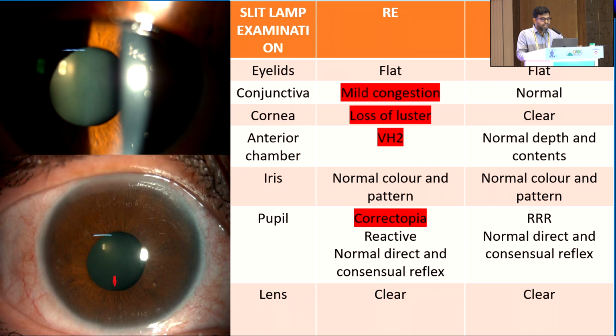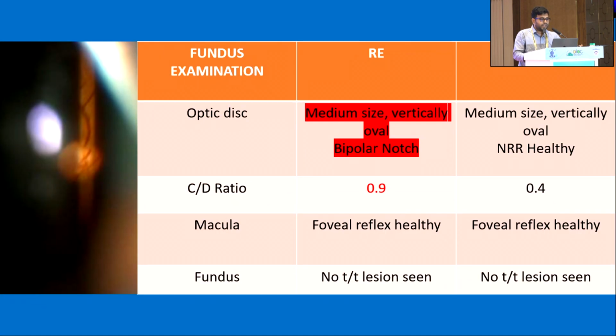On pupillary examination, corectopia was present, as we can see in this photograph, but the pupil was reactive. In the left eye, anterior segment examination was within normal limits. On fundus examination, right eye optic disc was medium size, vertically oval with bipolar notch and cup disc ratio 0.9:1, but foveal reflex was healthy, and left eye fundus examination was within normal limits.